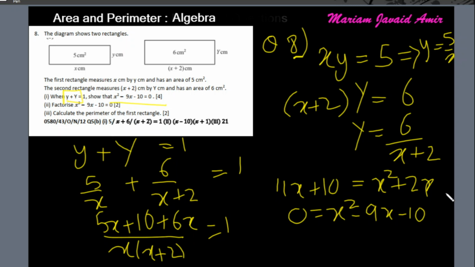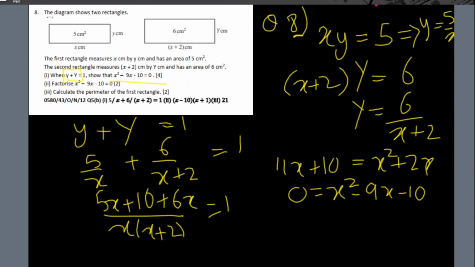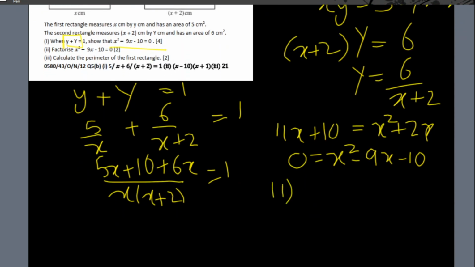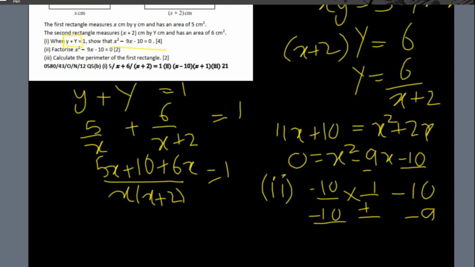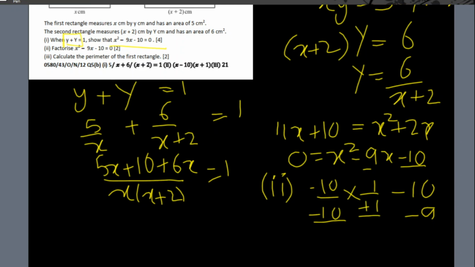In the next part, we have to factorize this equation. So for part 2, simply factorize this. So we're looking for two numbers which when multiplied together should give us minus 10, and which when added together should give us minus 9. So that would be minus 10 times 1 gives minus 10, and minus 10 plus 1 gives minus 9. So breaking the middle term, 0 equals x square minus 10x plus x minus 10.